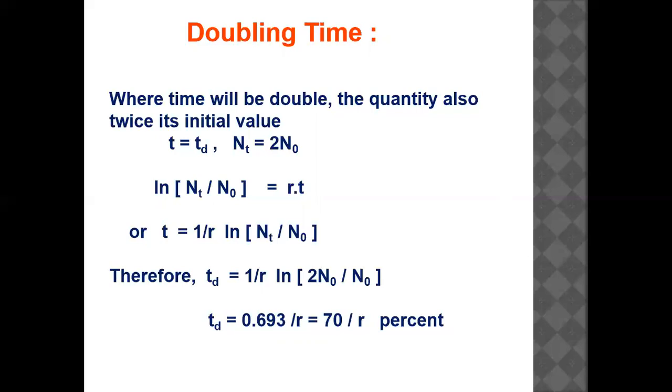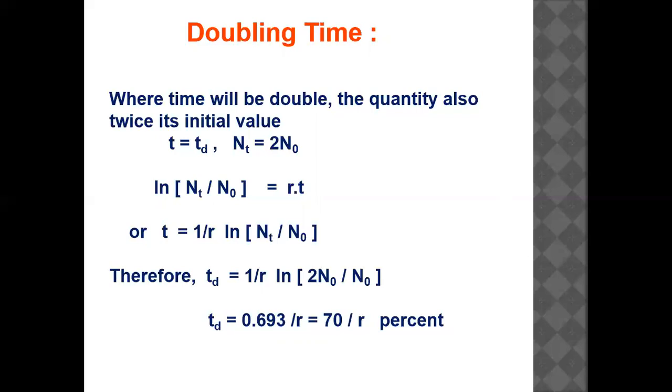That means when t is equal to td, then Nt is equal to twice N0, and putting this value in the integrated equation, we get t is equal to 1 by r ln Nt by N0.